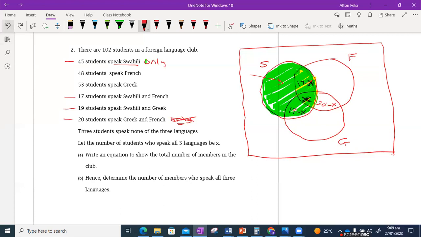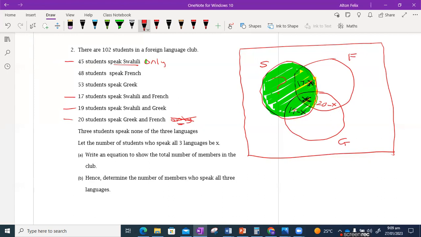So what do we do? This region here, right here, the Swahili only. Let's practice figuring out what that will represent in terms of our X. I'm going to put in the information, and perhaps I'll use a formula to show another method afterwards.